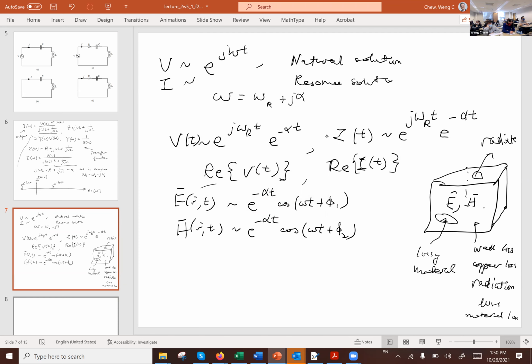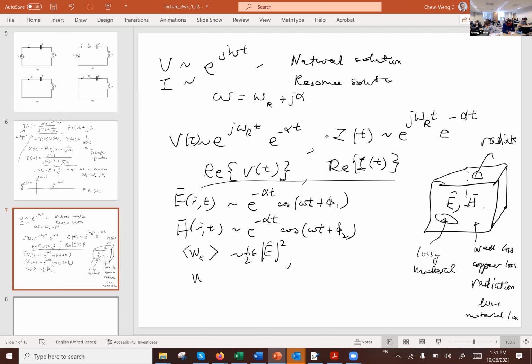And what I have done is just to multiply by something and take its real part. So I have a sinusoidal function that is decaying with respect to time. Okay. So the electric field and the magnetic field would have to have this behavior, but we know that the stored energy, W_E, in the time domain is proportional to E squared. Okay, more precisely, it's something like half epsilon E squared.